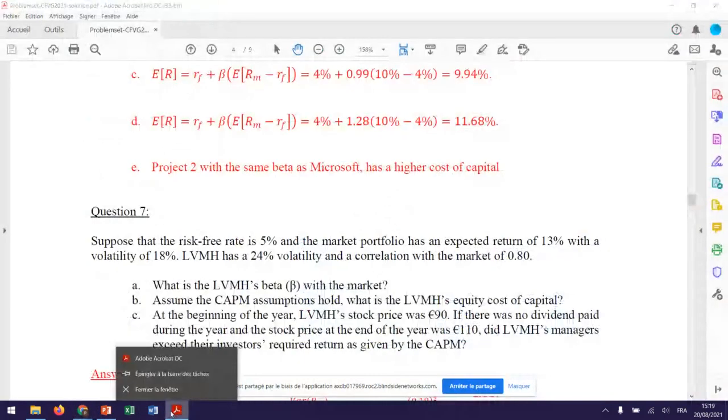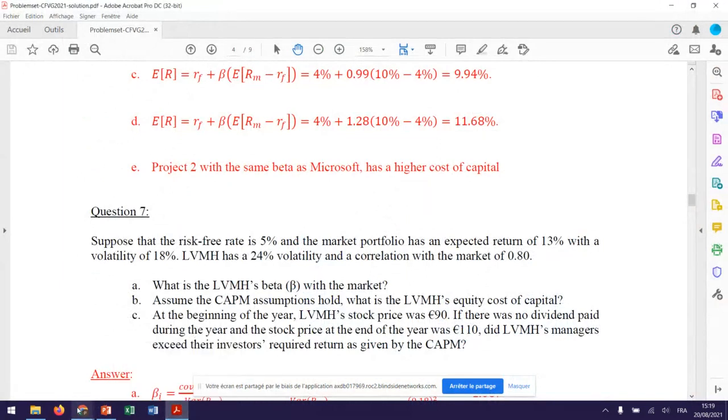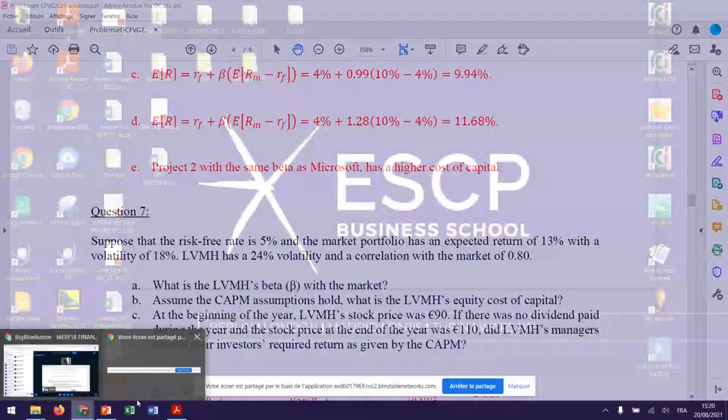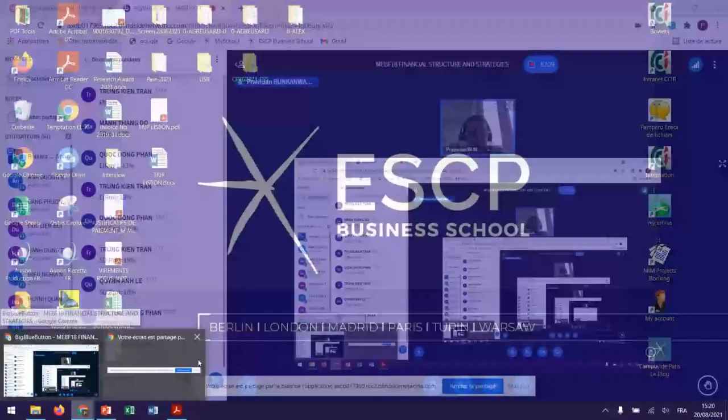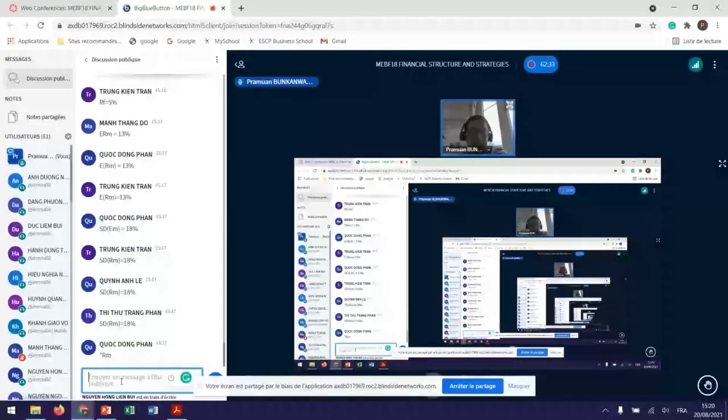LVMH. Everybody knows LVMH? What business do they do? It's a French company. What do they sell? Perfect, Louis Vuitton, LV, but they don't have only one brand of Louis Vuitton.